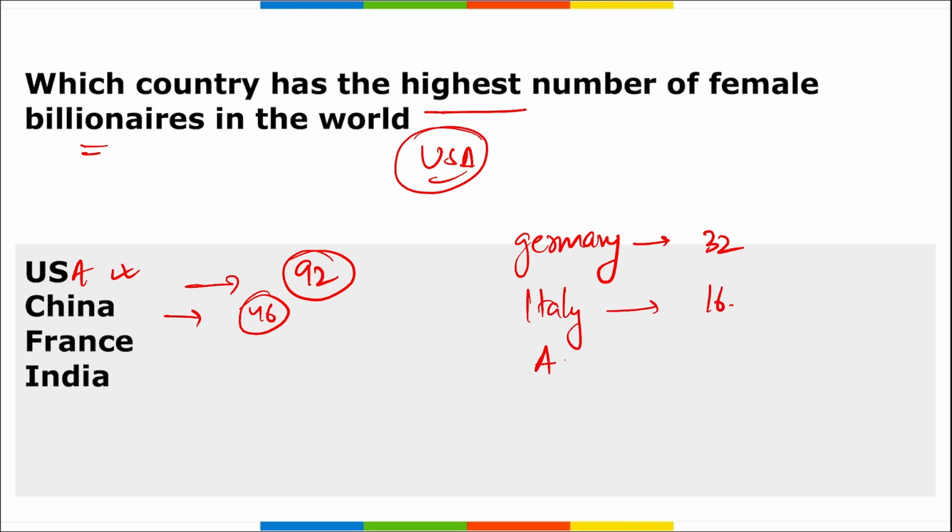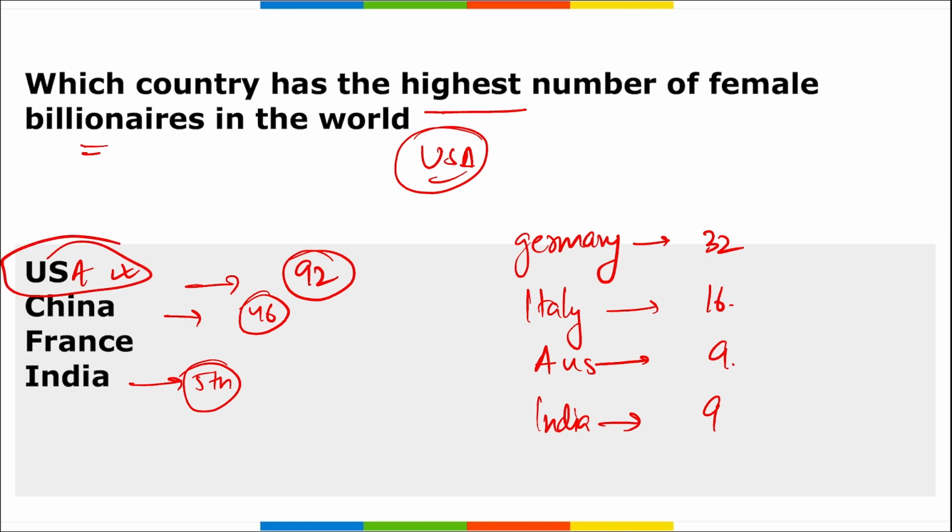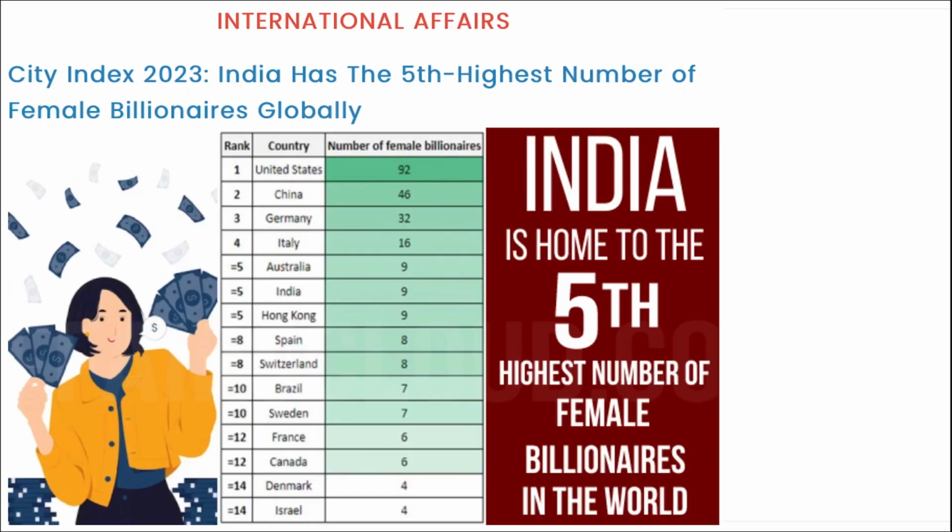Then is your Australia with 9 female billionaires, and then is your India on the fifth position with 9 female billionaires. So remember, India is on the fifth position with 9 female billionaires, and USA has topped this list with 92 female billionaires. Here you can see the list, and it is the City Index 2023.